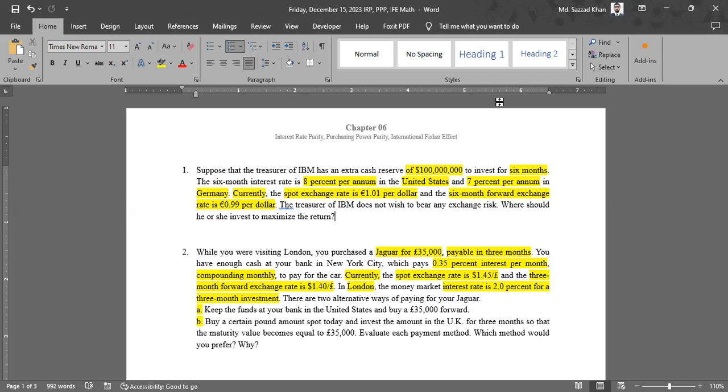I told you that I wouldn't be able to cover covered interest arbitrage because we hadn't been introduced to the concept of forward contracts. Now we have discussed forward contracts, so in this concept of interest rate parity, we will discuss covered interest arbitrage. We already discussed this concept in our previous class, but today we will discuss how we can use it in mathematical problems in real life situations.